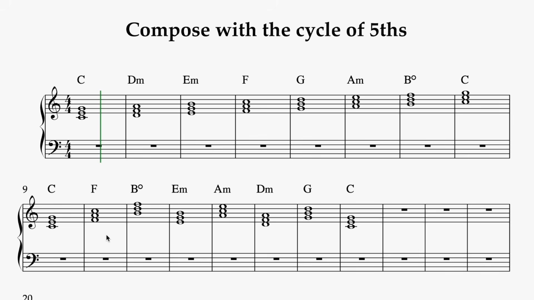F is not actually the dominant of B. F is the dominant of B flat, but this is what makes our major key interesting, right? So it just so happens. And that's what we call a tritone. F to B is a tritone. It's an augmented fifth.